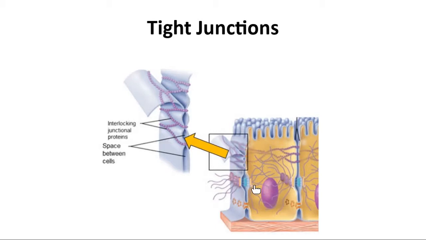Keratin is only used in these desmosomes here. The goal of tight junctions is not to resist pulling in multiple directions like the desmosomes do. The goal of tight junctions is to make sure that no water can sneak in or sneak out.